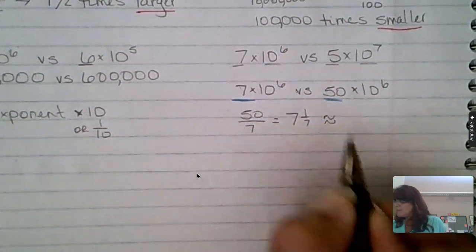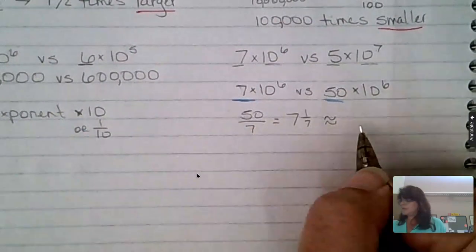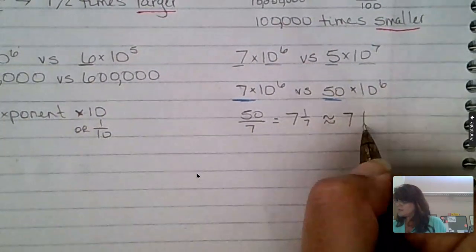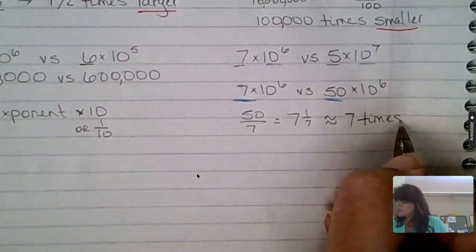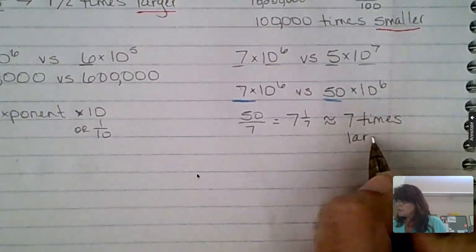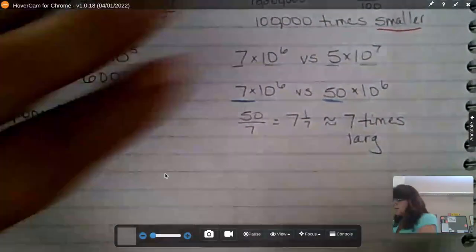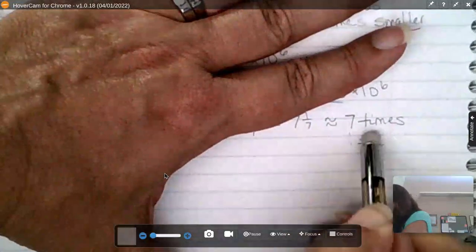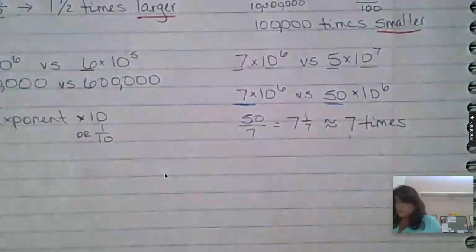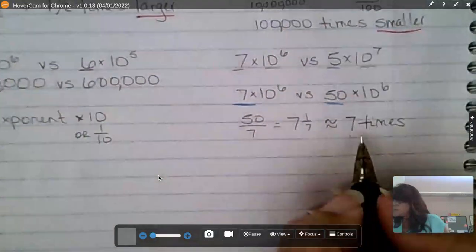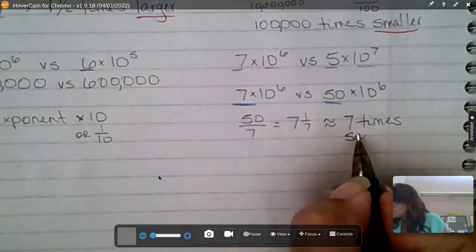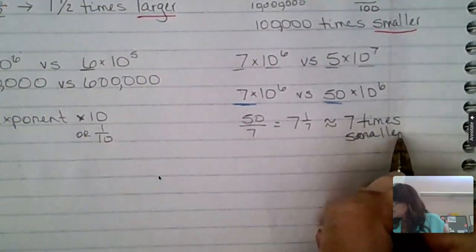So it's about, that squiggly equal means about, 7 times smaller.